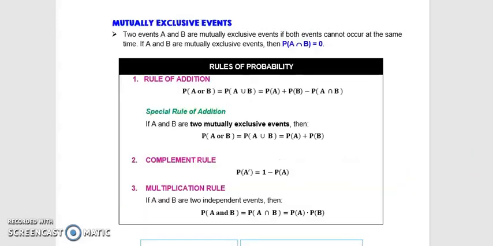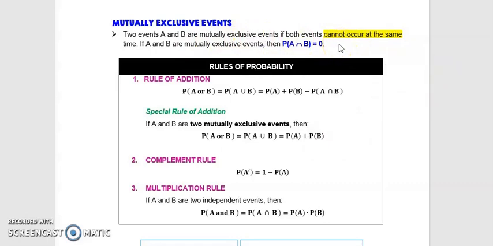Okay, now let's look at mutually exclusive events. So two events A and B are mutually exclusive if both events cannot occur at the same time. As I explained before, mutually exclusive is where both events cannot occur at the same time.